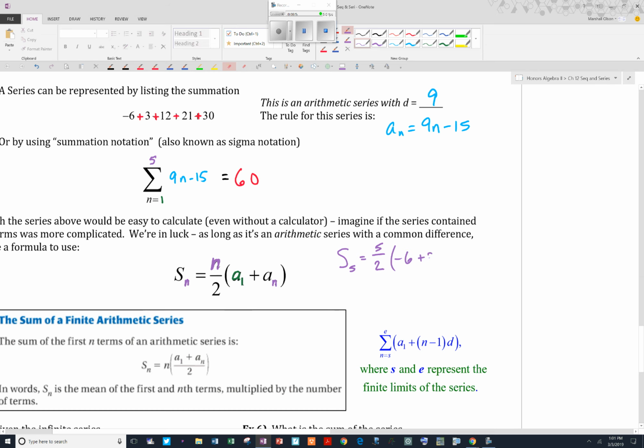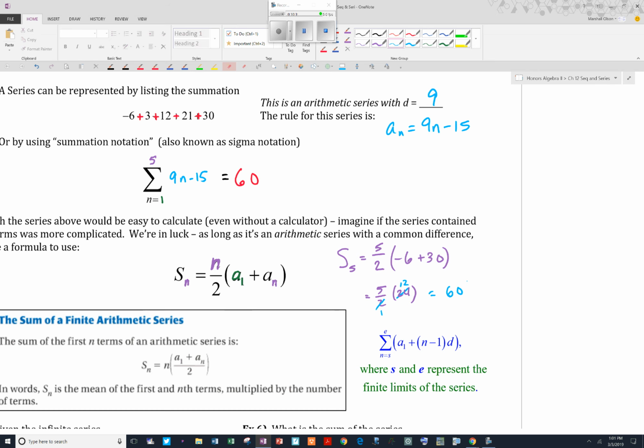The last term is 30. 30 plus negative 6 is 24. So 5 halves times 24, we can simplify that. Call that 1 and 12, so we basically have 5 times 12, which, lo and behold, is 60. We got the same thing as just adding those values up. So the formula works clearly.